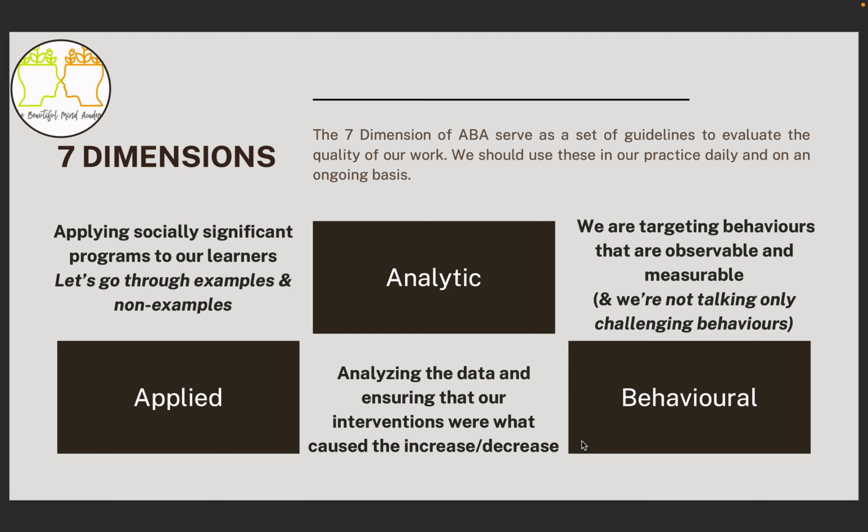One example of a socially significant program would be manding or FCT, functional communication training, for our learners. A non-example would be things that we are applying that don't have any relevance to this child, that we wouldn't want to be running as those programs.